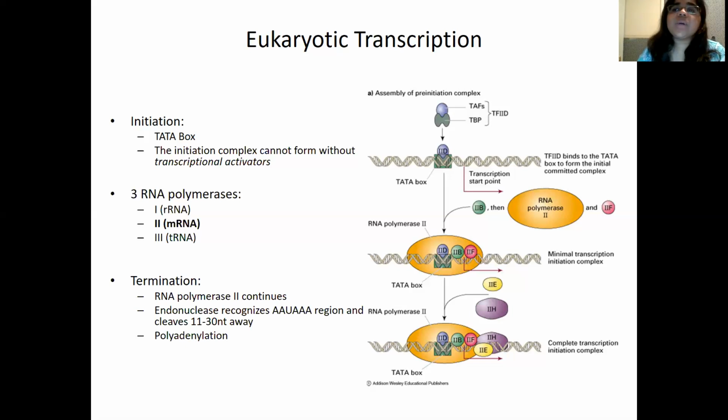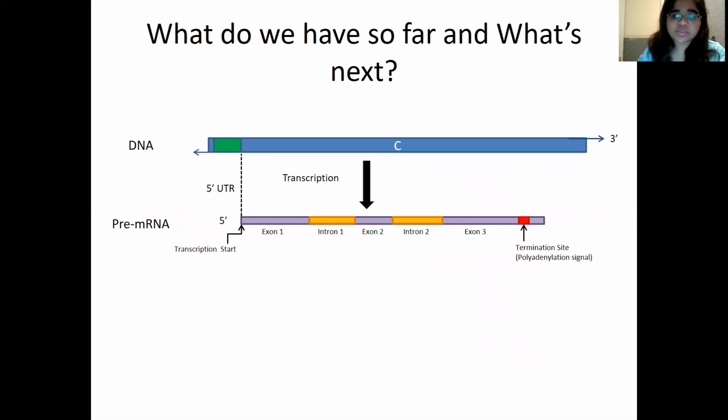So with eukaryotic transcription, we have something that is called a pre-mRNA. With prokaryotes, this did not occur. But with eukaryotes, they have introns and exons and all of that going on in there.